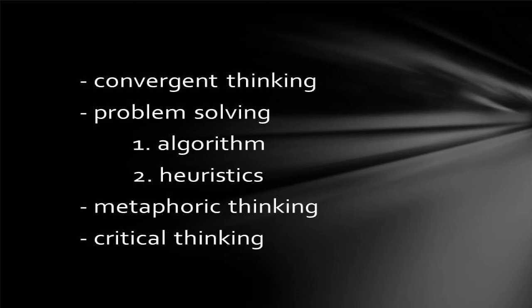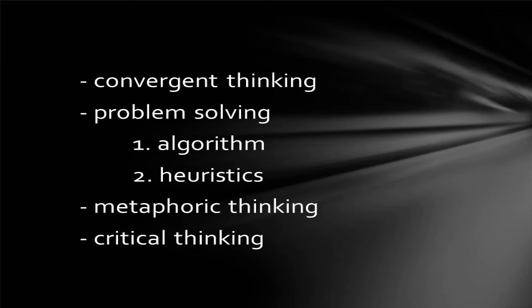Okay, so we have another type of thinking. We have metaphoric thinking. This type of thinking uses analogic thinking. Okay, so analogy. And then we have critical thinking. It involves evaluating information or arguments in terms of their accuracy and worth. So this is also mentioned in the taxonomy of objectives.